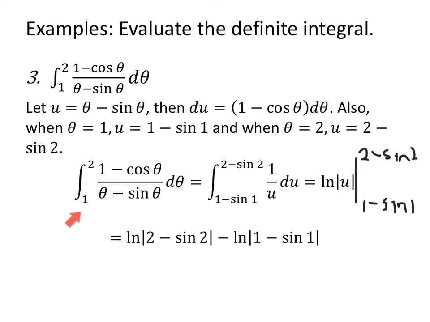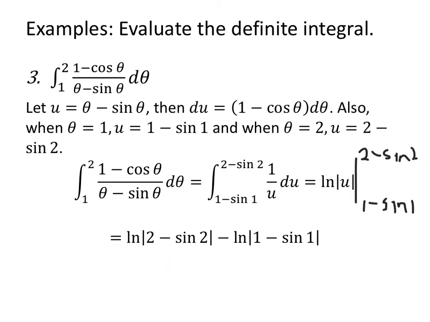So the integral from 1 to 2 of 1 minus cosine theta over theta minus sine of theta d theta is rewritten as the integral from 1 minus sine of 1 to 2 minus sine of 2 of 1 over u du, which is the natural log of the absolute value of u, evaluated. That is the natural log of 2 minus the sine of 2 minus the natural log of 1 minus the sine of 1, using, of course, absolute values. This is the exact answer.